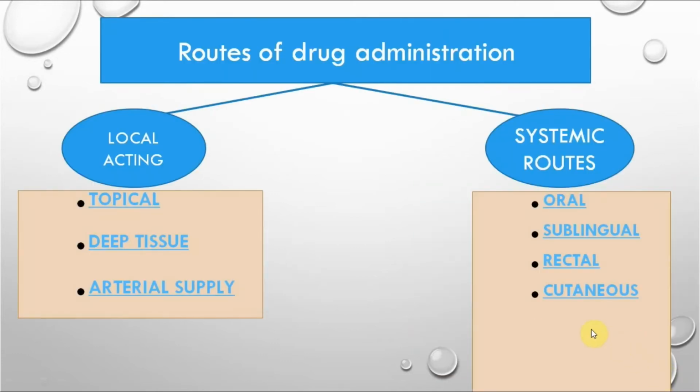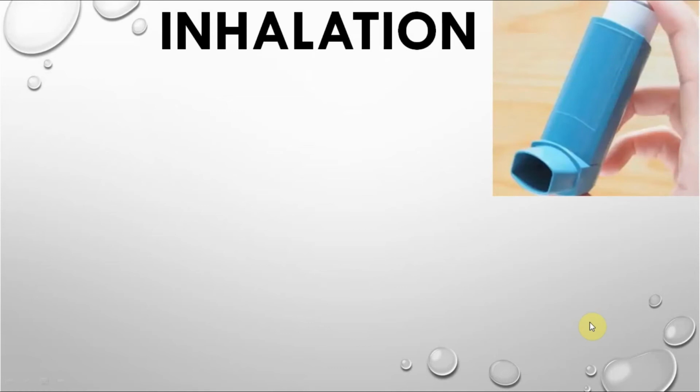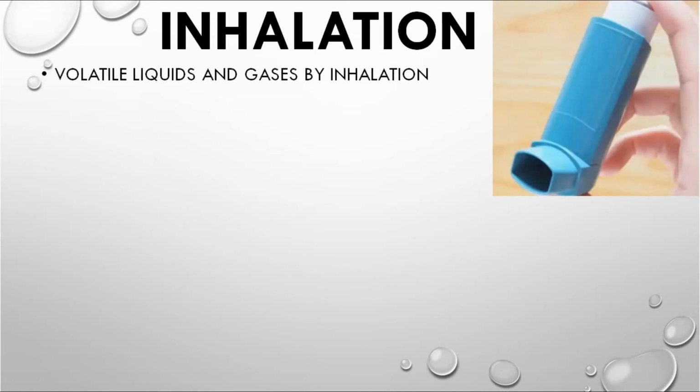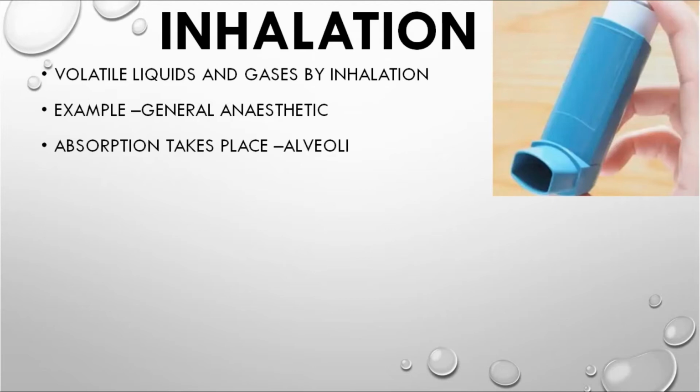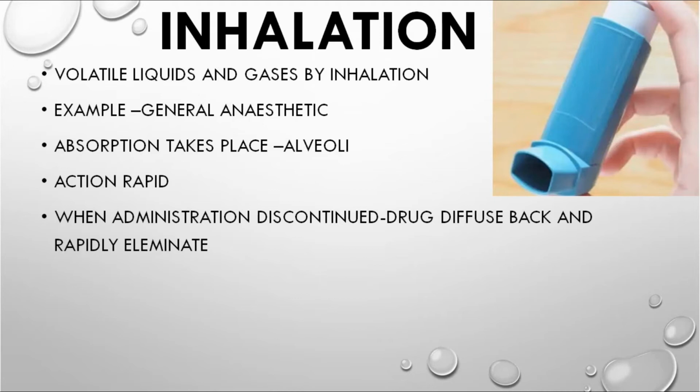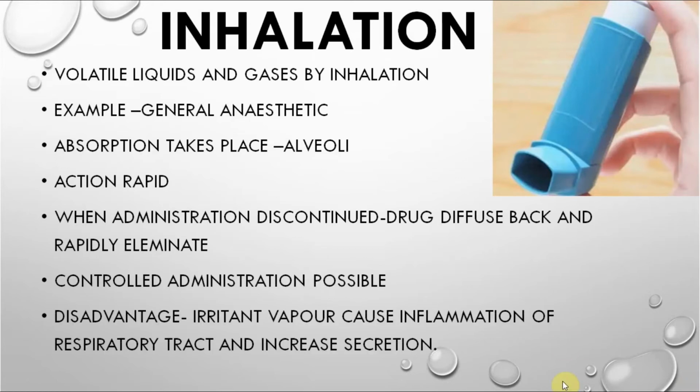Inhalation. Inhalation of volatile liquids and gases. Example, general anesthetics. Absorbed in alveoli and have rapid action. During administration, if the drug is discontinued, it diffuses back and is eliminated rapidly. Disadvantage is irritating vapors cause inflammation of the respiratory tract and increase secretions.